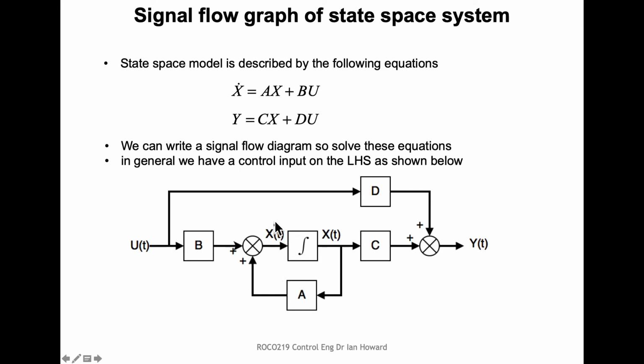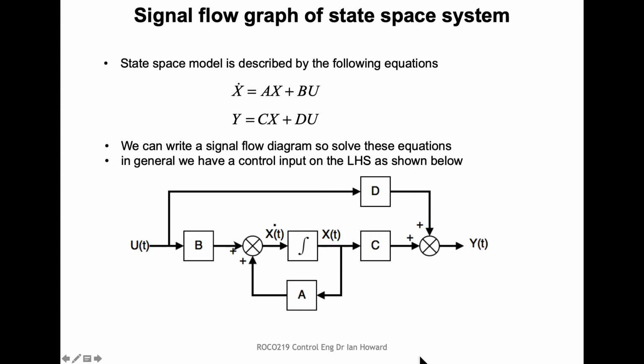How do we build up the differential of the state? Well, that's this equation here. So x dot is going to be A times x, so this is x here, multiplied by A, plus u times B here. So this is the Bu, this is the Ax. We add those together and we get x dot. Like I said before, the x dot is then integrated to get x, and x is then used to generate part of the output as well.